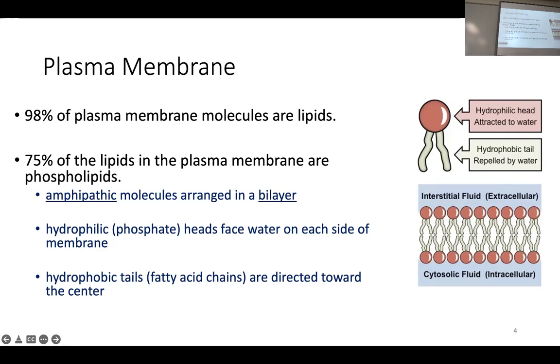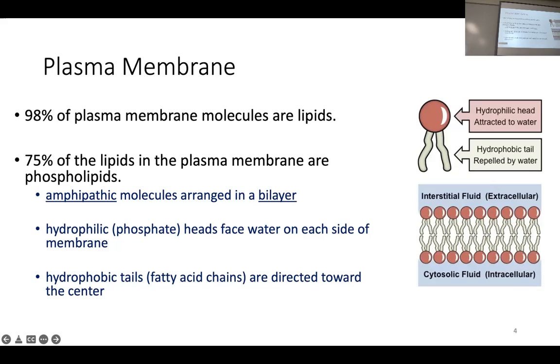If you counted up all of the molecules in the membrane, 98% of them are lipids, and 75% of the lipids are phospholipids specifically. They're pretty small, but they make up most of the volume. There's another kind of lipid I'll talk about on the next slide, but the vast majority of a plasma membrane is phospholipids.